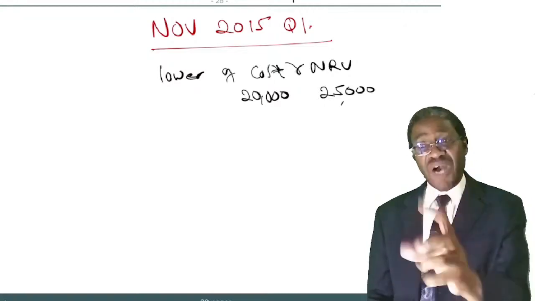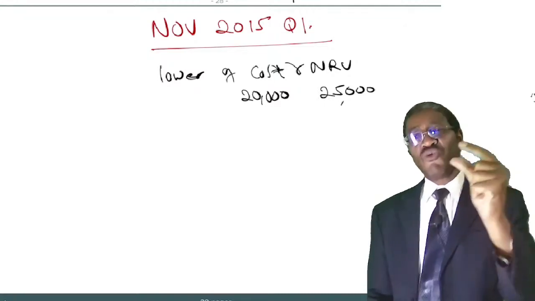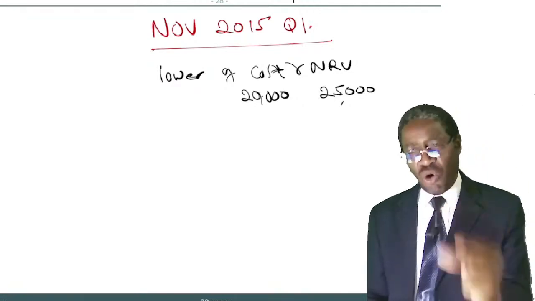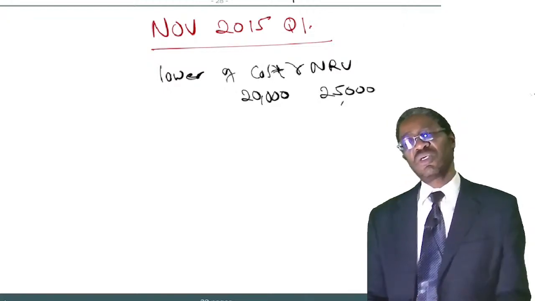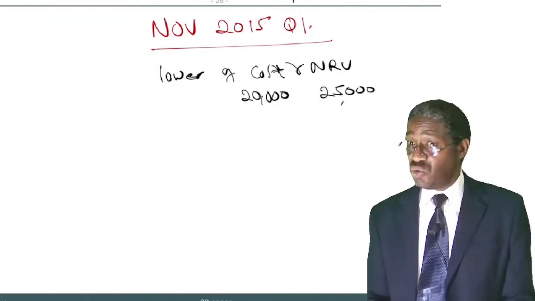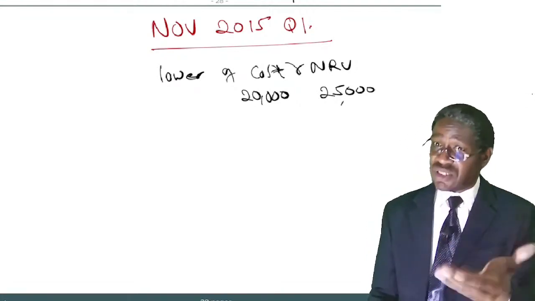So you should value this stock, because it's still in the store, at the lower of cost and net realizable value. Whichever of the two is lower, that's what you use. So for this case, I would use 20,000 as the closing stock.